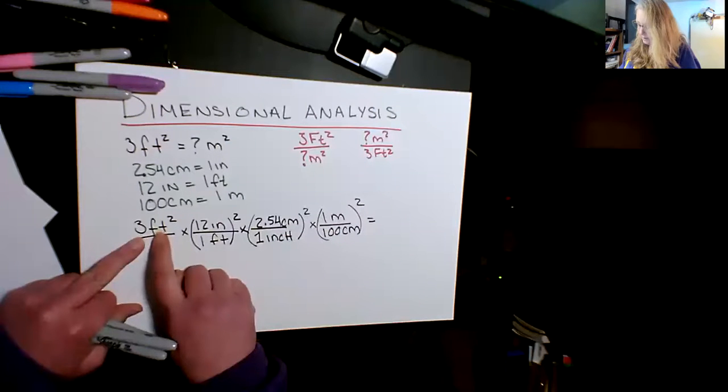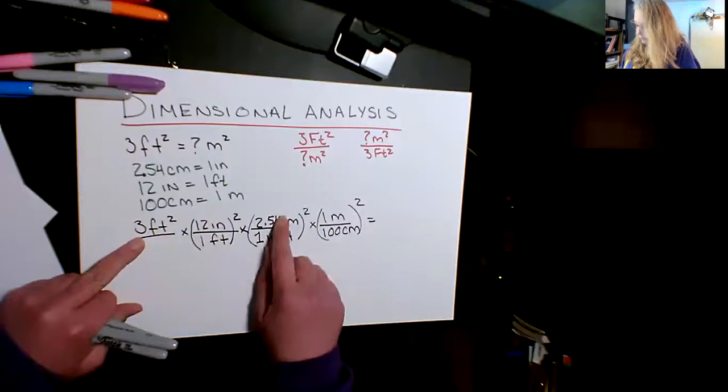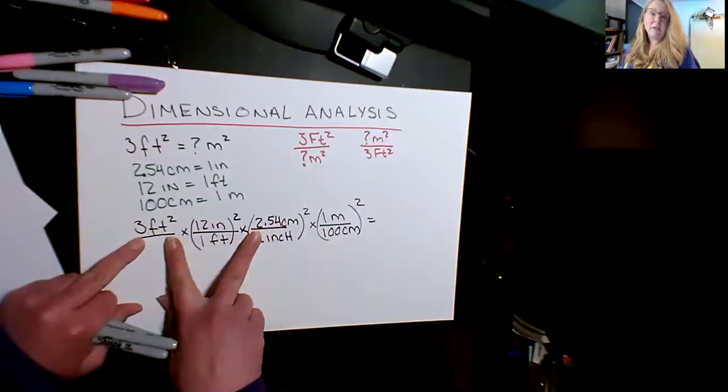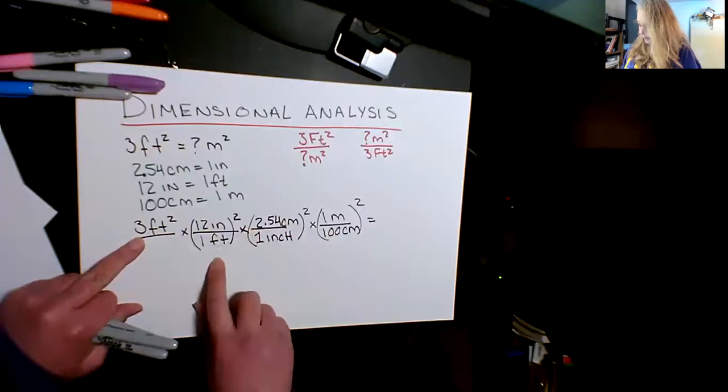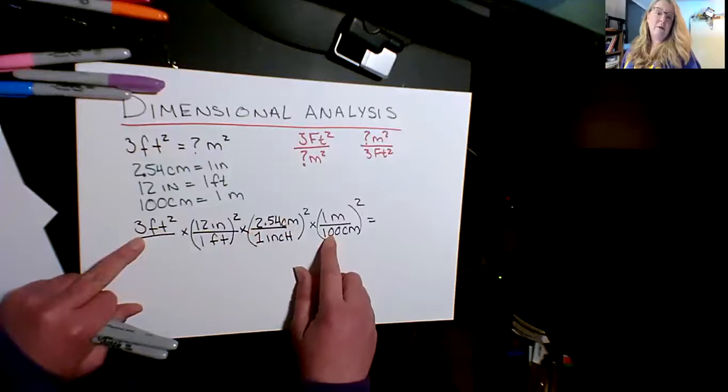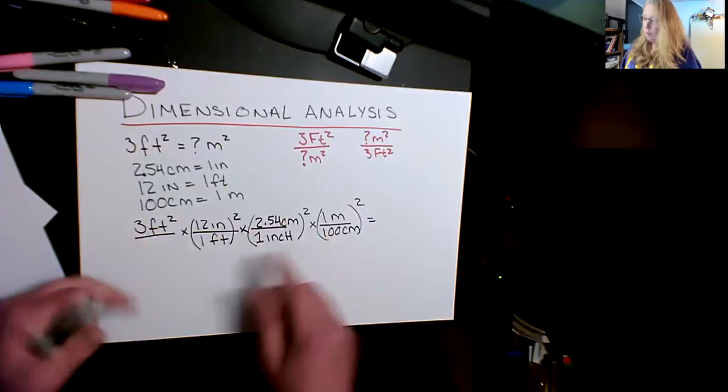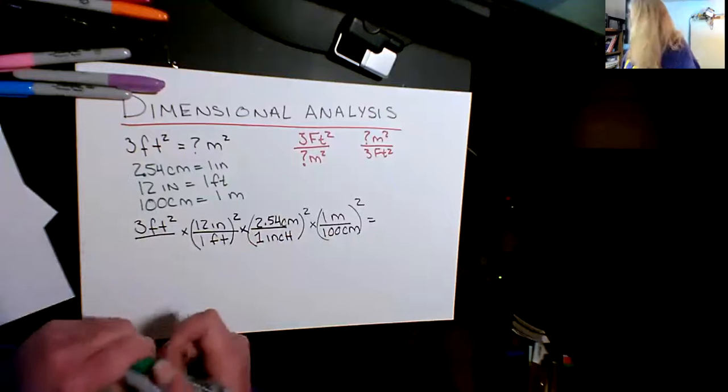I say that because it's a lot easier to square these individual values, and that's only 3 things I got to put in my calculator. I just need to make sure I square them before I multiply them. And then I'm only dividing by 100 squared. So that makes the button pushing a lot more succinct, if you will.